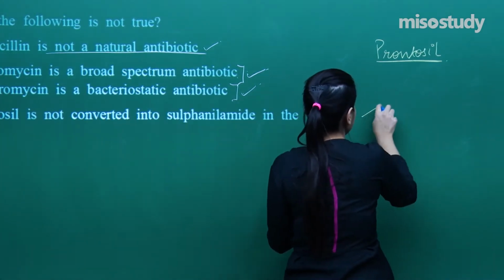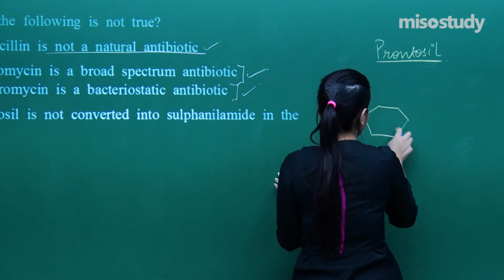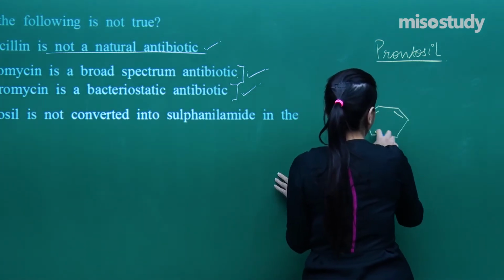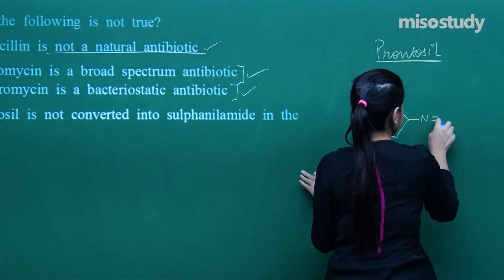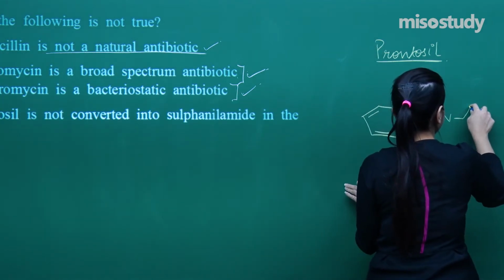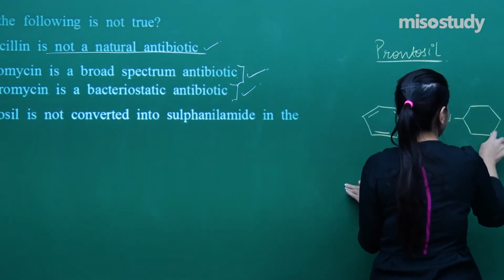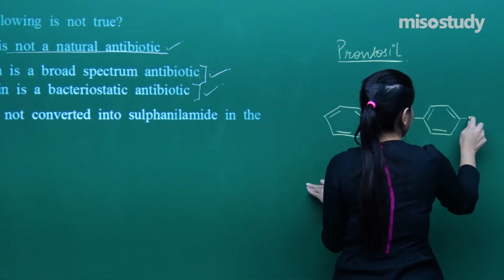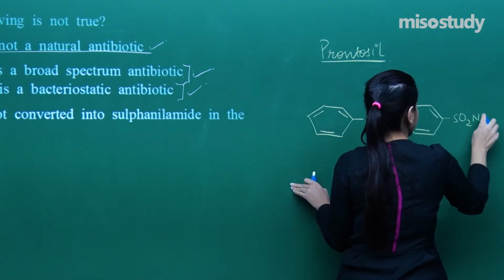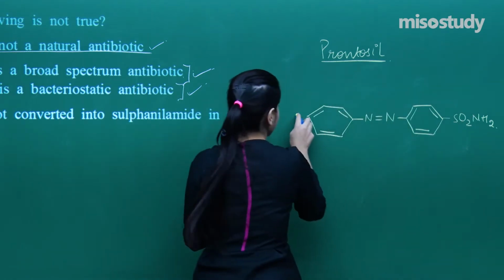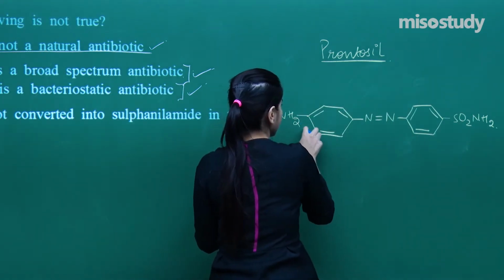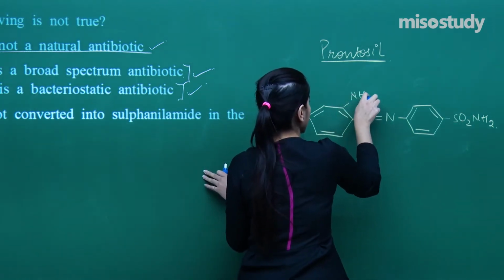So Prontosil is actually a kind of an azo compound. That is what Prontosil is.